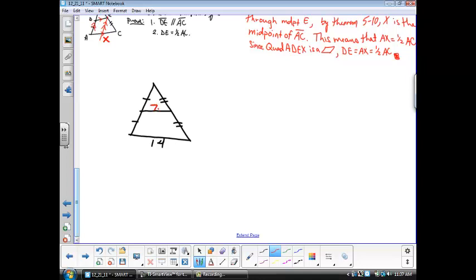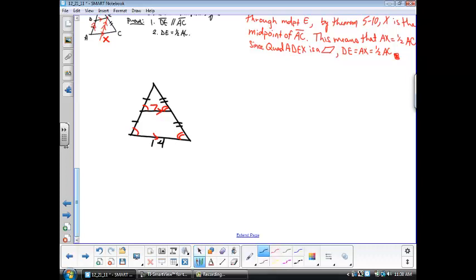We also know that this segment has to be parallel to that segment, which makes corresponding angles congruent. So these angles will have to be congruent to the corresponding angle.